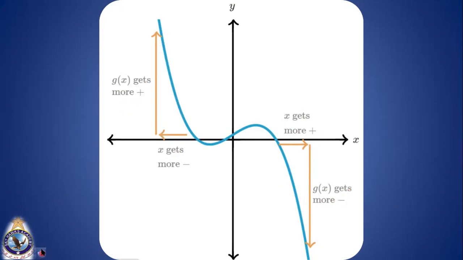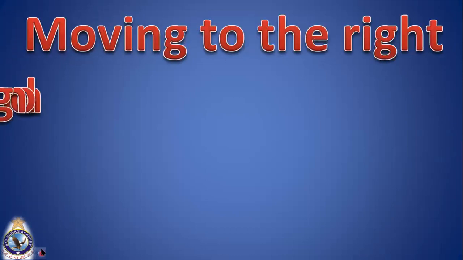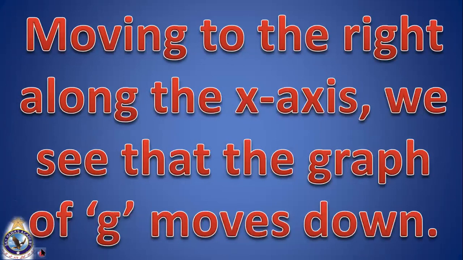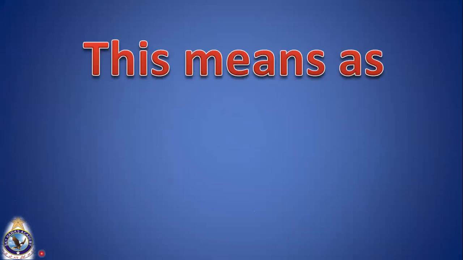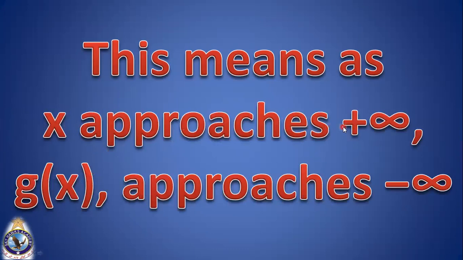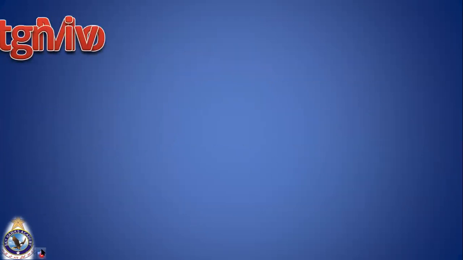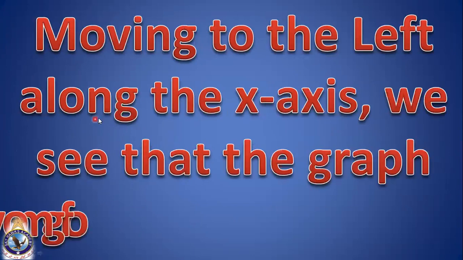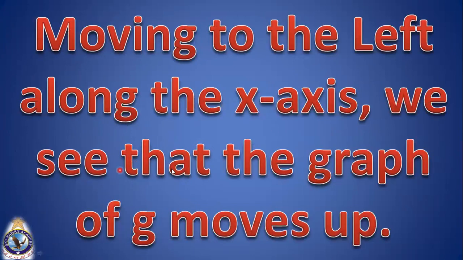So you have selected C. Moving to the right along the x-axis, we see that the graph of g(x) moves down. This means as x approaches positive infinity, g(x) approaches negative infinity. On the other hand, moving to the left along the x-axis, we see that the graph of g moves up.